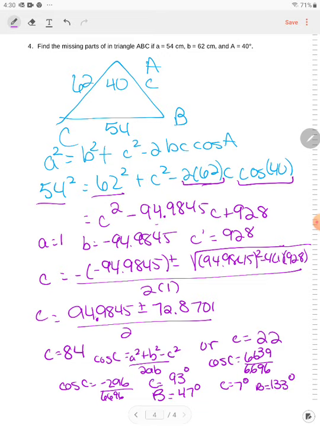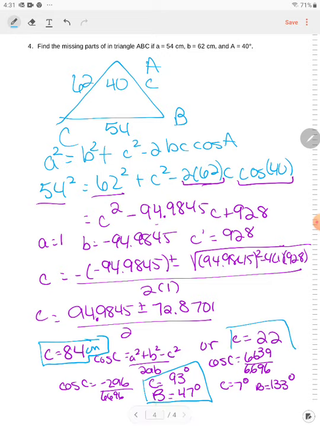So what information did we find here? Okay, so we found when the length of C is 84 centimeters, do not forget your units, angle C is 93 degrees, angle B is 47 degrees.